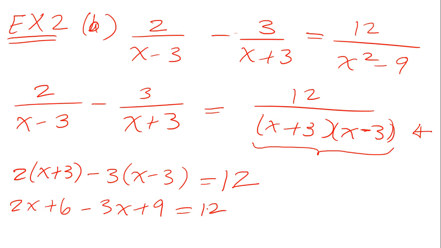Let's see here. If I simplify that, I get minus x plus 15 equals 12, which means that x equals... if I subtract 15 from both sides, I get minus x equals 12 minus 15.